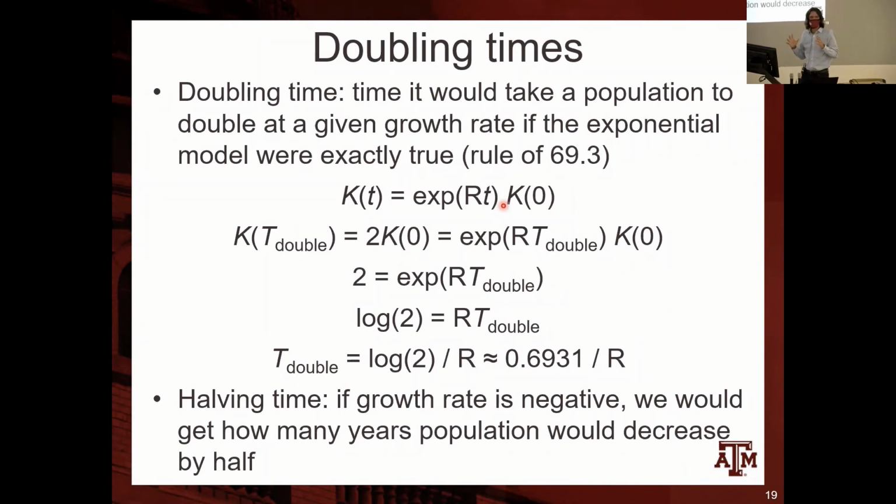So how do we usually calculate the population in the next years based on the population that we have from previous years? So the K0 here is the population at year 0. And the population in year T is calculated by multiplying the population at the beginning of the period by the exponential of the growth rate times the number of years between 0 and T. So let's say that we have the population in 2000, and I want to know what's going to be the population in 2030.